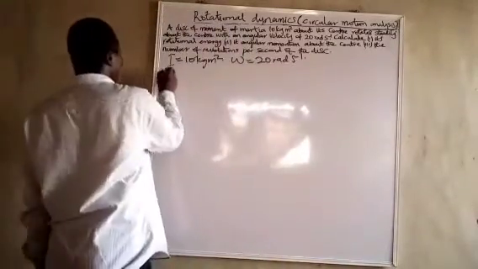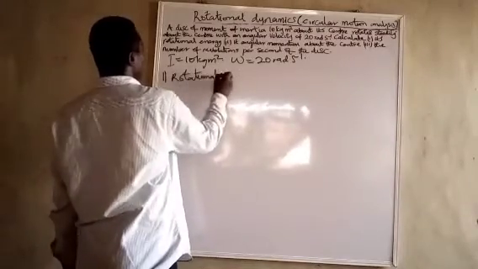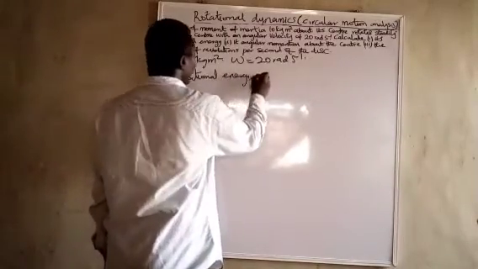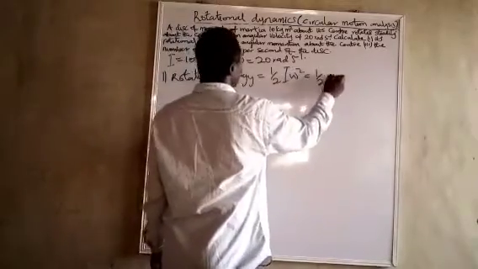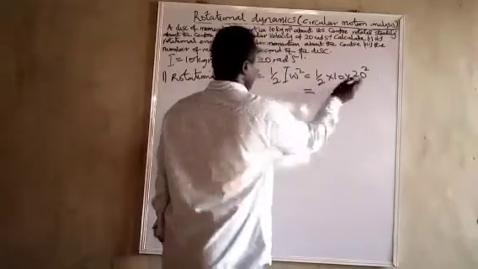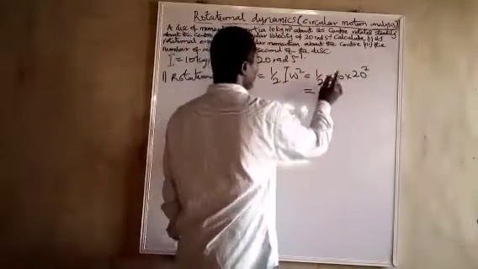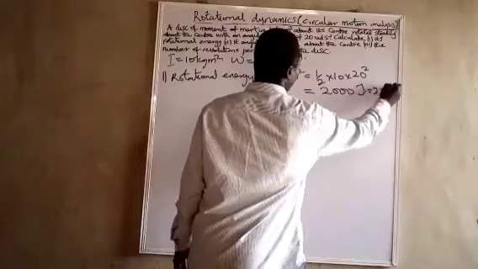Now we are to calculate one, rotational energy. And that is going to be half I omega squared. This is half times 10 times 20 squared. That's 400, 200, that's 2000 joules or 2 kilojoules.